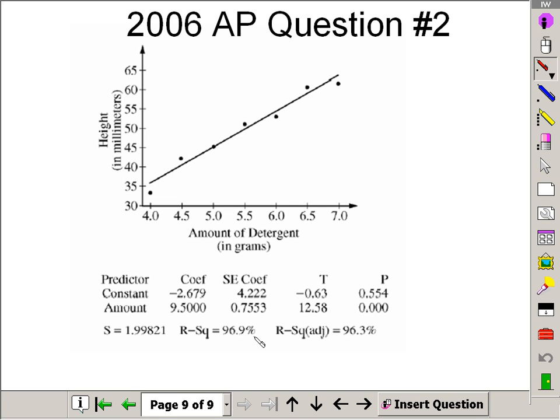Now, we're going to go over 2 AP questions. There's one on the front and one on the back. What I want you to do at this time is take approximately 3 minutes, and we're going to start on question number 2 first. Read the problem and try to do part A. To do part A, this right here and this right here are the key areas we're looking at.